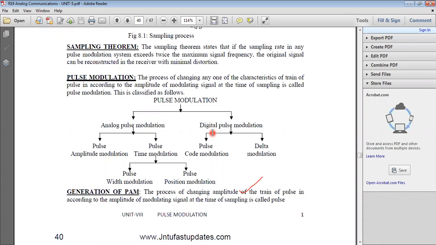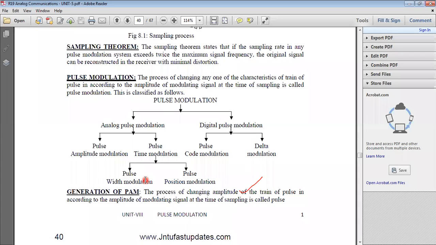Under analog pulse modulation, we have two techniques: one is PAM and another one is PTM. Here the data is transmitted in terms of pulses. Again, under PTM, that is pulse time modulation, we have two techniques.